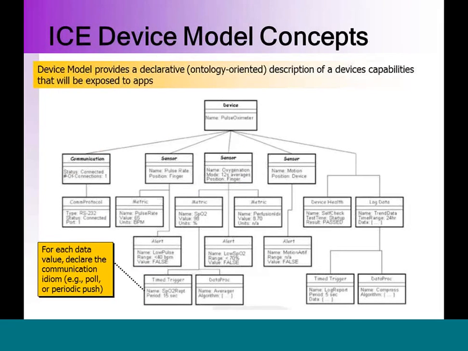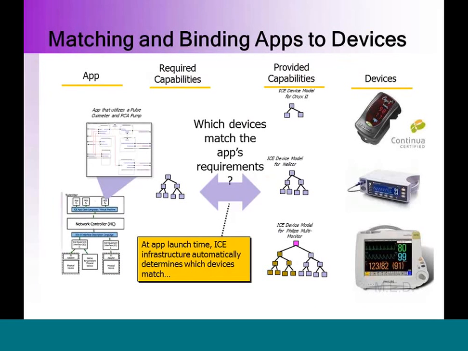And so you can see on this slide here, I'm running behind on time, but there's notation that declares the different types of communication patterns that you're using, so that the system can figure out whether it is possible or a good idea to run an app with a particular device. An app will state its requirements in this language, and the devices also describe the capabilities they provide on their interface.